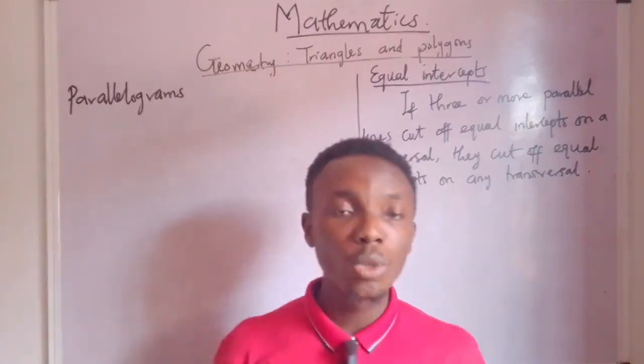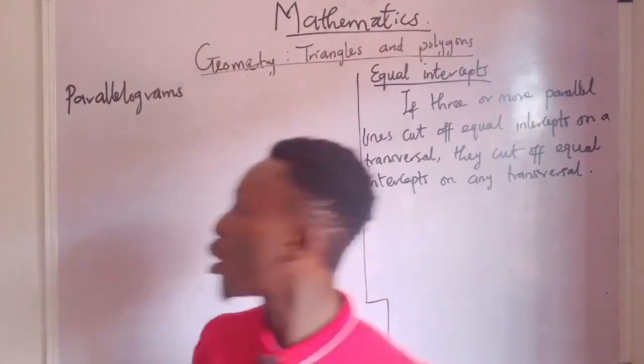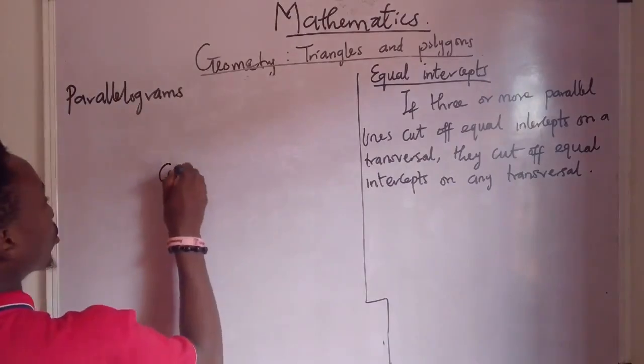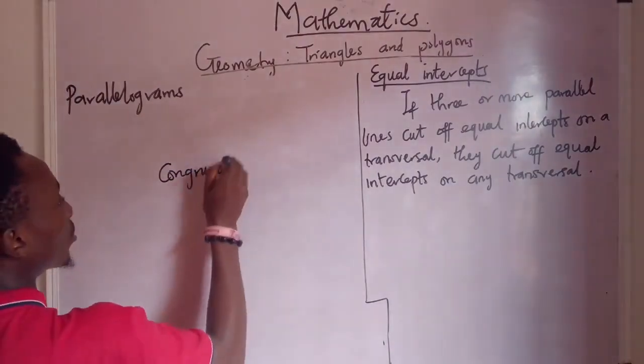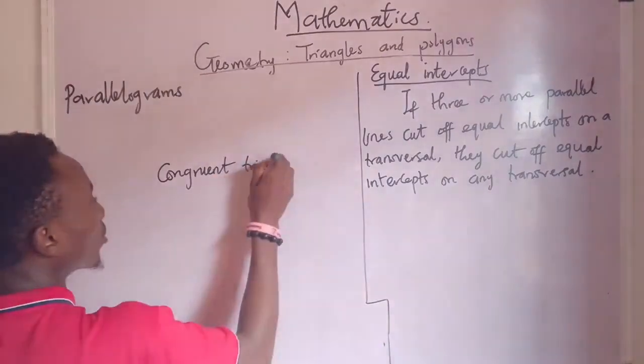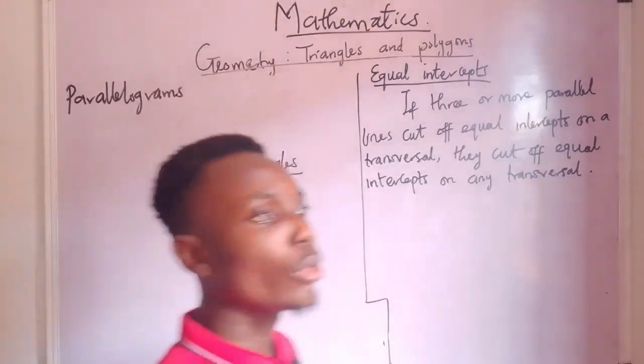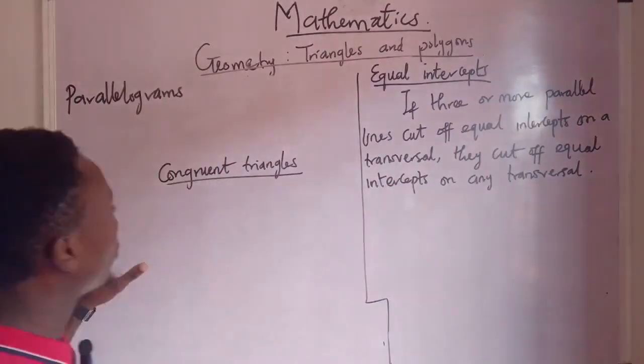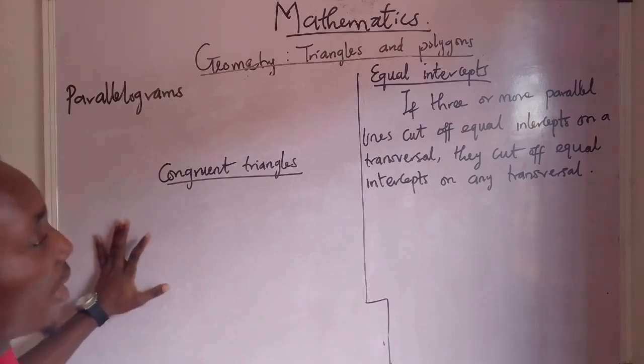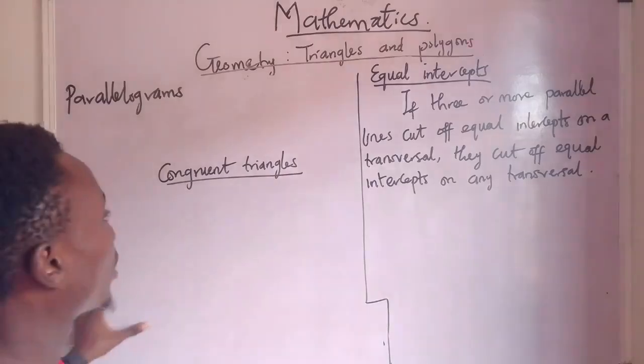Before we deal with parallelograms, let's talk a bit about congruent triangles. Congruent triangles are triangles that have the same size and the same shape.